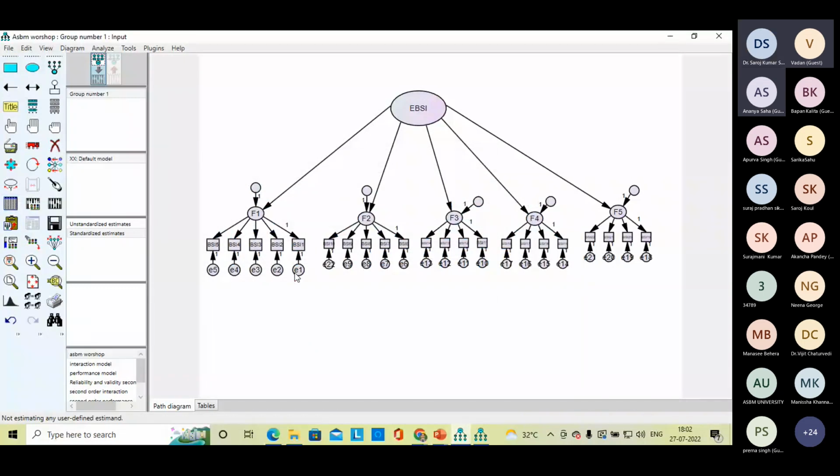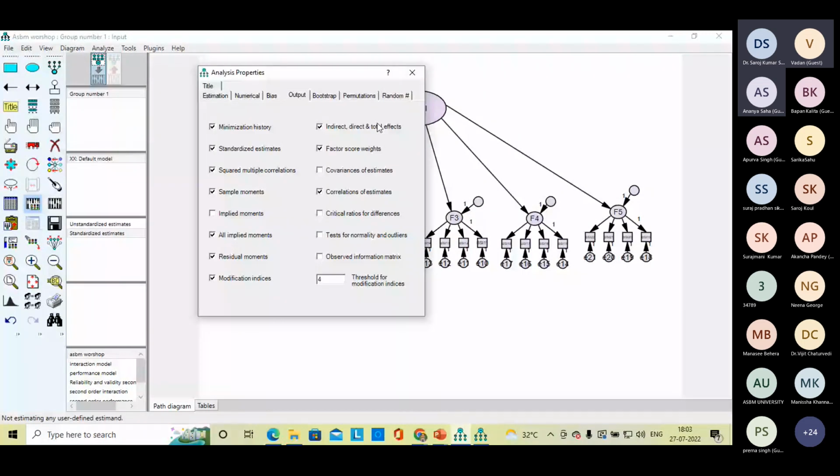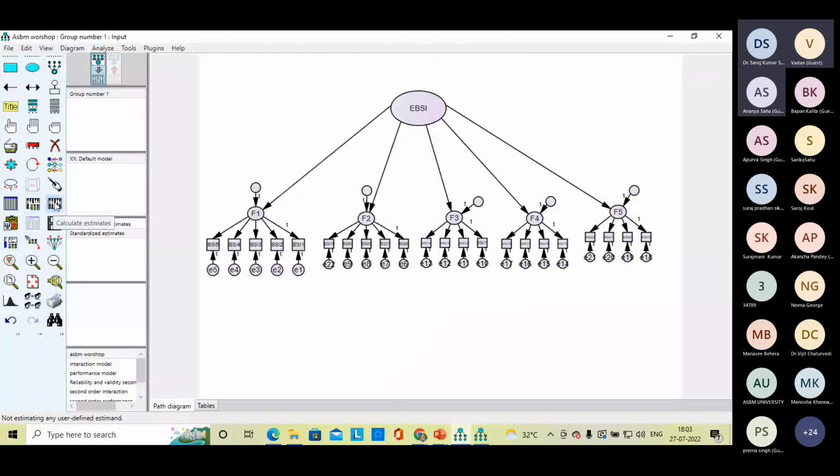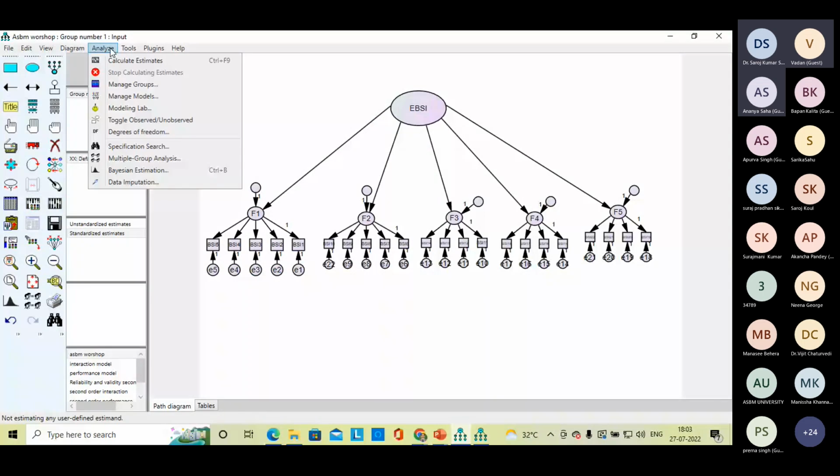Then go to the analysis property, go to the output, already selected what I wanted to get. Now go to calculate estimate, click there. Either you can go by analyze then calculate estimate, or directly click on this icon, calculate estimate. So click there. It is calculating.